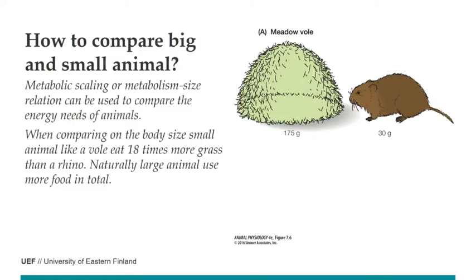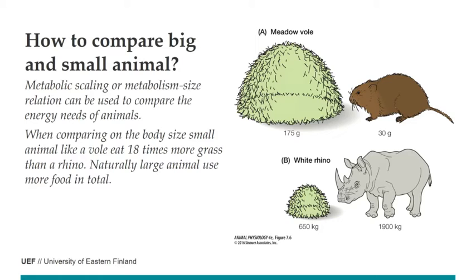When comparing, a small whale uses a little less than 200 grams of grass per week, and then the rhino uses 650 kilos of the same kind of grass per week.